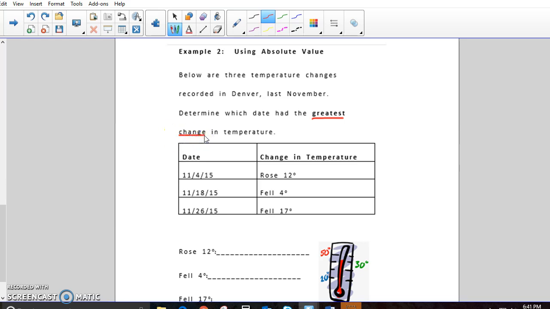When we're talking about the greatest change, we may not care whether the change is positive or negative. We're just looking for which change is the biggest, right?